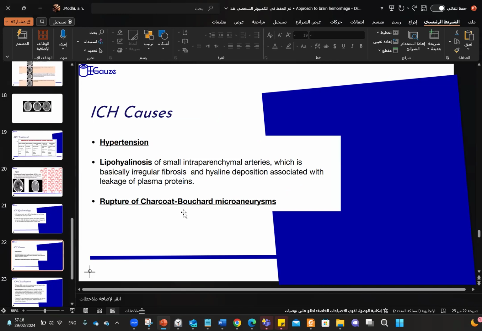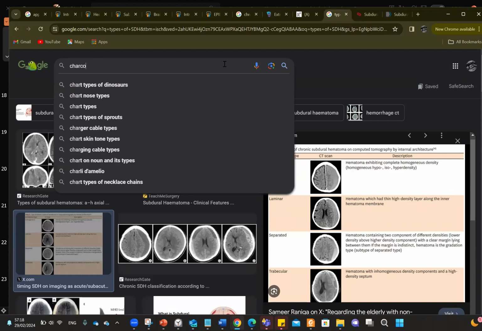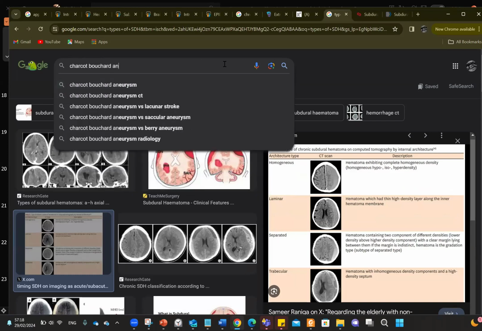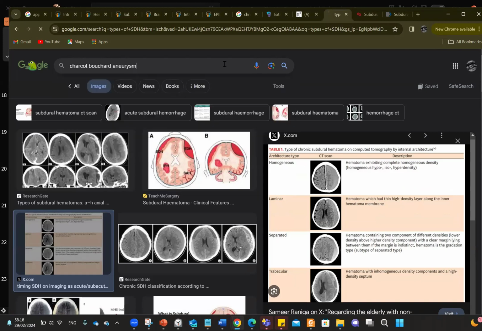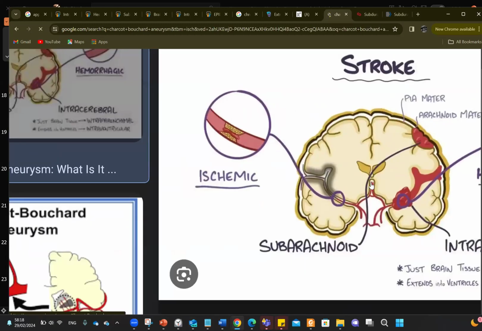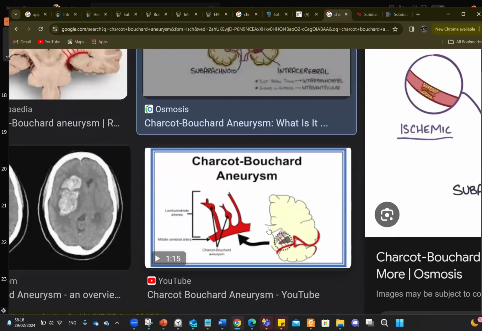Or it can be a specific kind of microaneurysm called Charcot-Bouchard aneurysm. Let me show you the picture. It's also a common question in neurosurgery: what kind of aneurysm can cause you ICH? It's this one, the Charcot-Bouchard aneurysm.